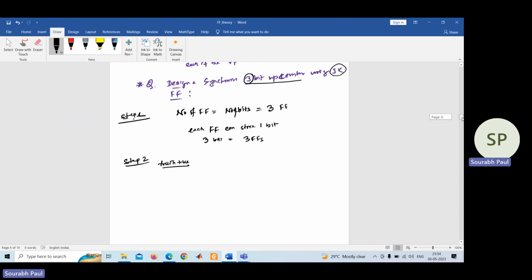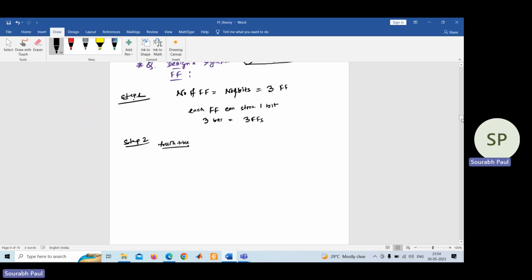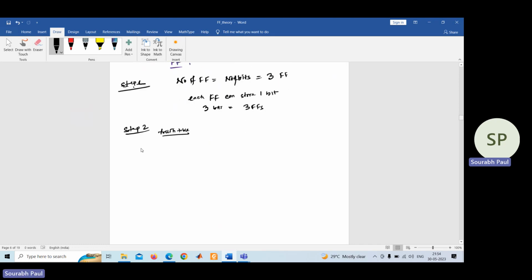That is very important to understand. In the truth table, you need to write a few things: present state, next state, and using these you need to find out the values of the different inputs. I'm considering the first flip-flop as flip-flop A, then flip-flop B, then flip-flop C. I'll start from flip-flop C. So present state, next state, and the different combinations.